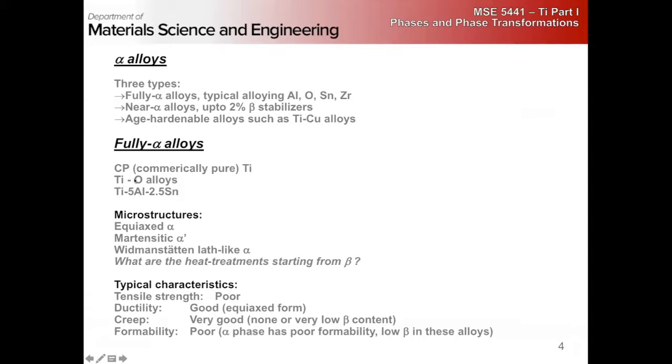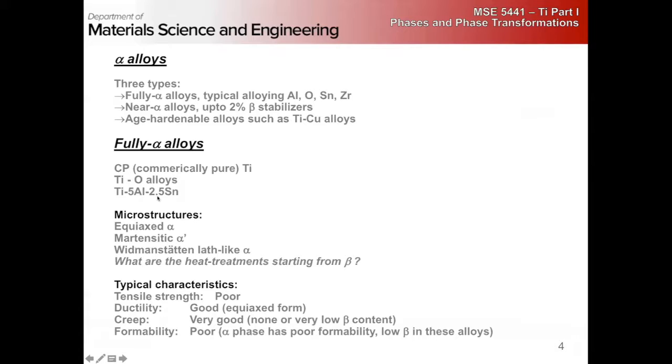alloys, titanium oxygen alloys. So where's the oxygen sitting? Interstitially, right? So these are interstitially strengthened alloys, right? Remember, the oxygen's going to get in the way of C plus A slip. It's also going to prevent deformation twinning. And then this aluminum 2.5 tin.